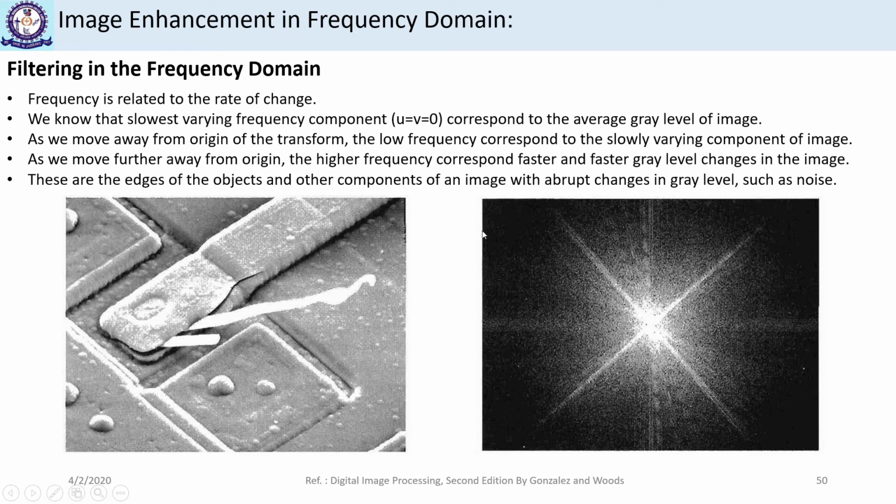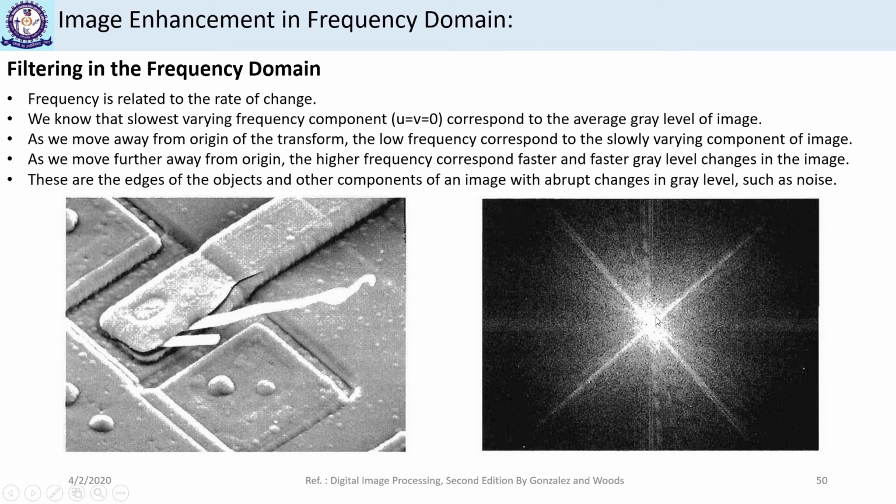When we multiply by -1 raised to the power x plus y, its origin will shift here to the center of this DFT plane. This is the DFT plane, its center is here.